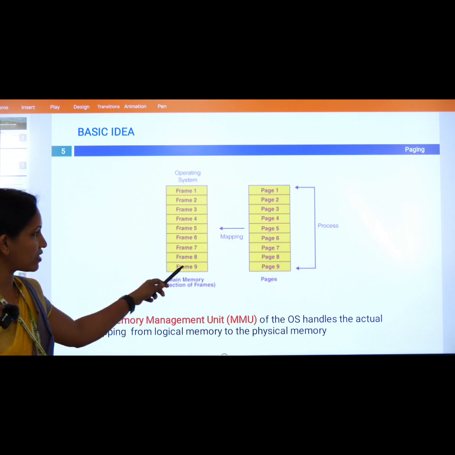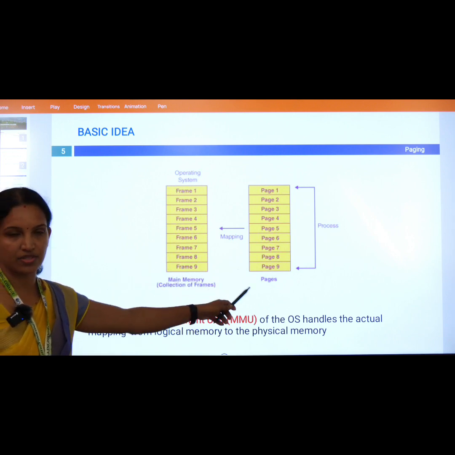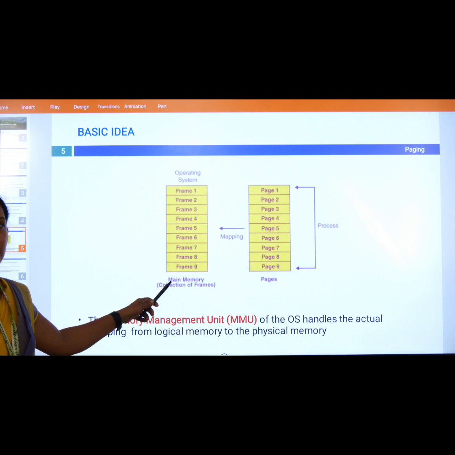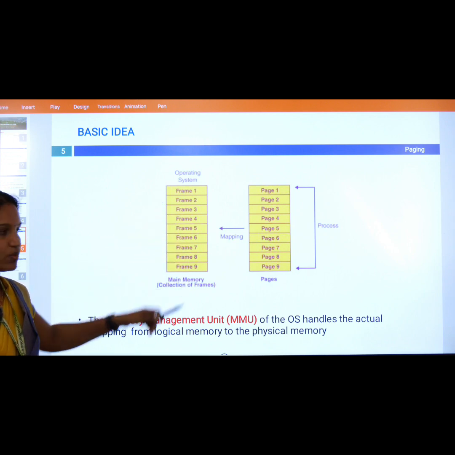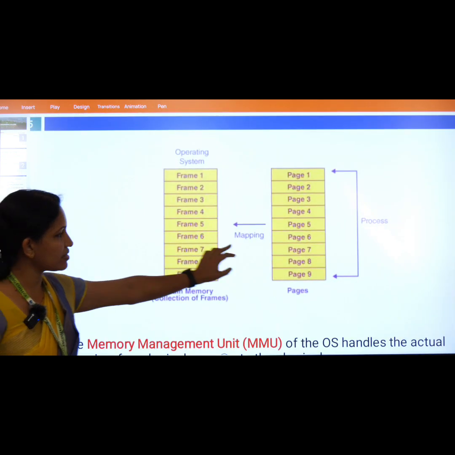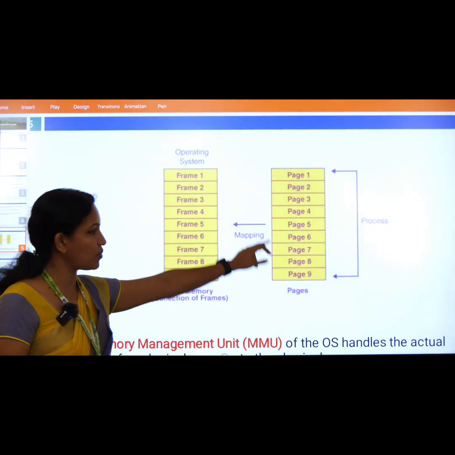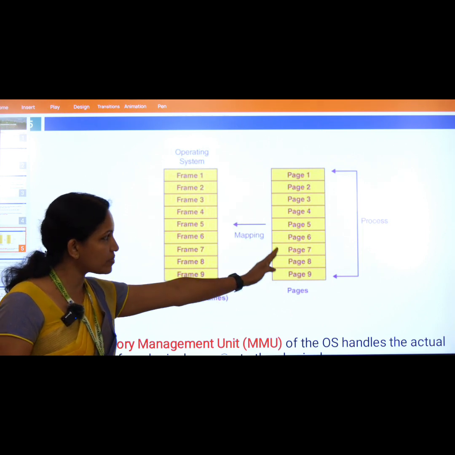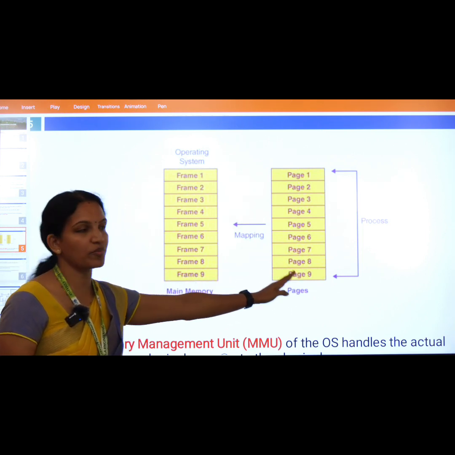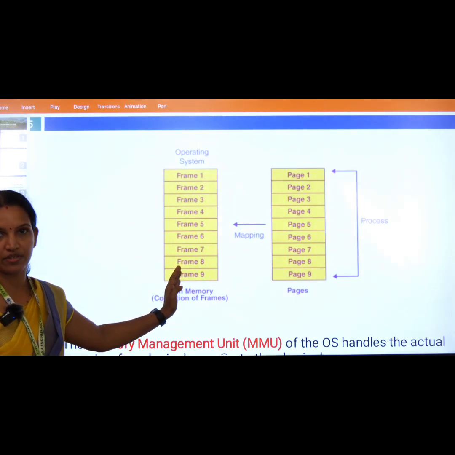So this is a diagrammatic representation of pages and frames. Here the main memory is divided into fixed size frames which are numbered as frame 1 to 9. And a process is here which is divided into 9 pages of equal size. So while this process is running, these pages have to be mapped to the corresponding frames.